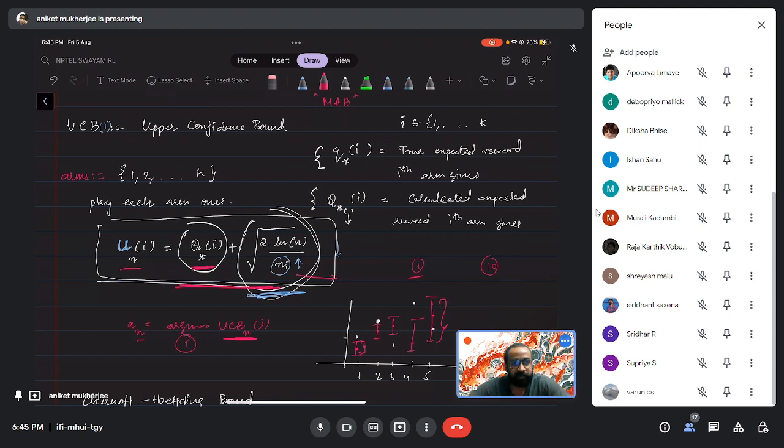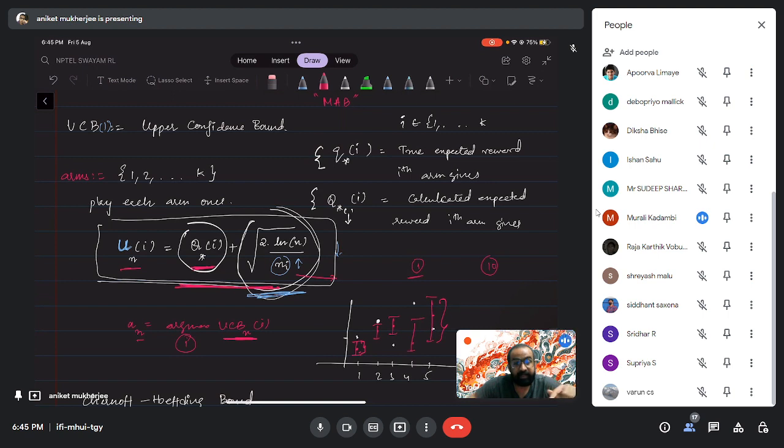So first you pull arm 1, and since the environment knows the distribution, it will give you a sample from that distribution, but the algorithm doesn't know. Now based on that reward, you calculate this U function, and then you compare across the arms and see which arm to pick next.